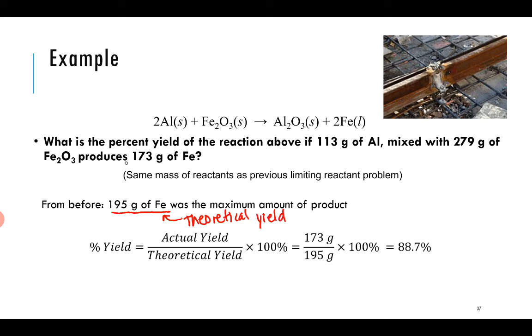Now in the problem, we are told that the reaction produces 173 grams of iron. And so we're asked to find the percent yield, and we're told a mass amount because that is our actual yield. So we do actual divided by theoretical, turn that into a percentage, and you end up with 88.7%.